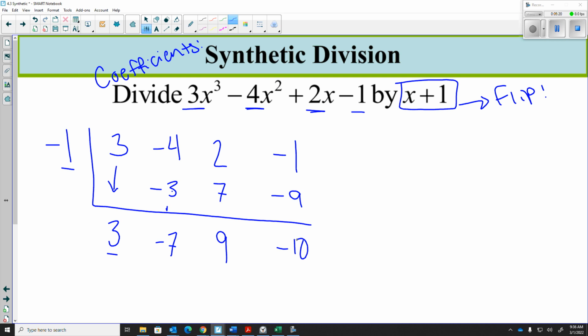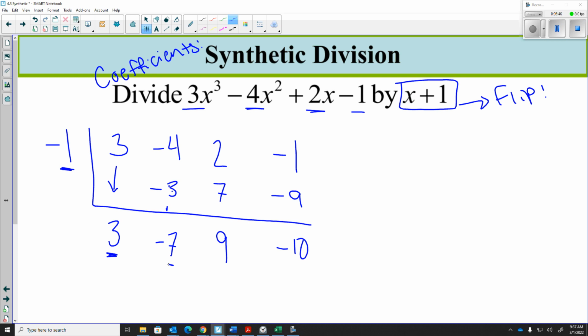So I multiplied negative 1 by 3, and it goes right up here, filling in the next spot. Then I added those numbers and got negative 7. Then I just repeated that. I did negative 1 times negative 7, which got me positive 7. I added those and got 9.